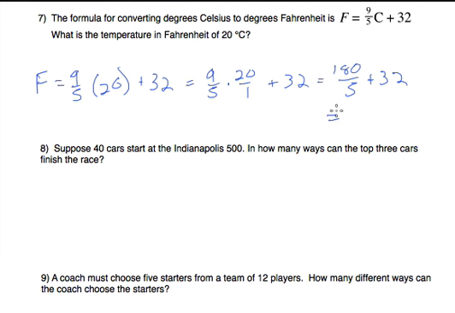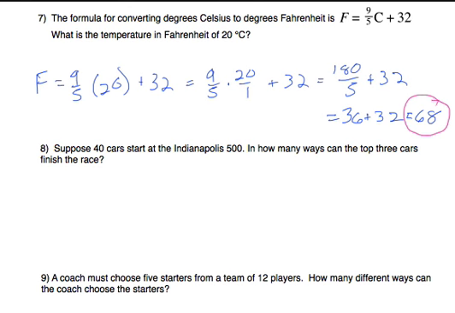And I'll just continue this here. 180 divided by 5 is 36. 36 plus 32. Oh, drop my pen. It's 32. Oops. And that gives us 68. And there's our answer right there. 68 degrees Fahrenheit.